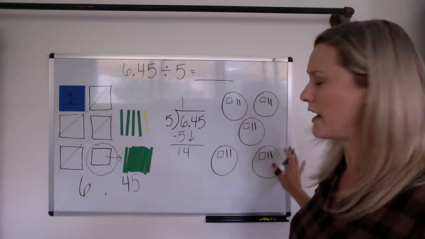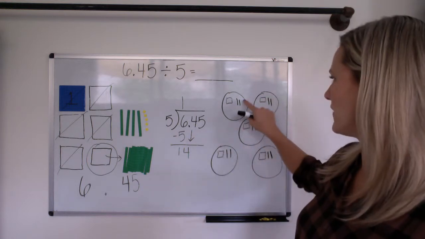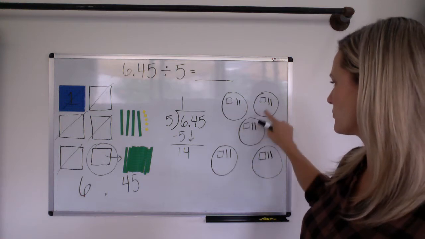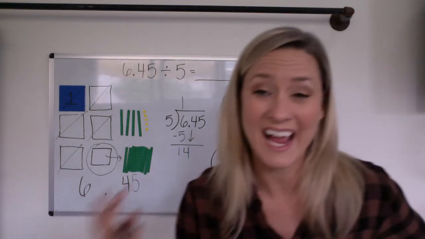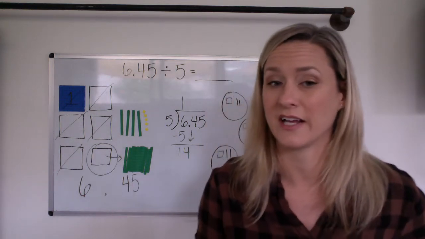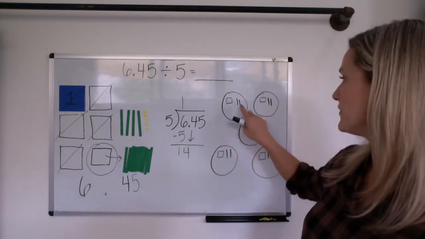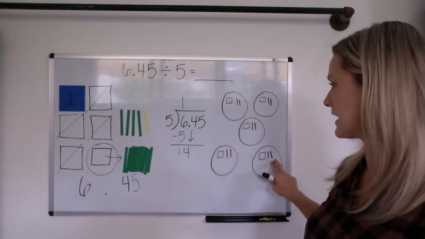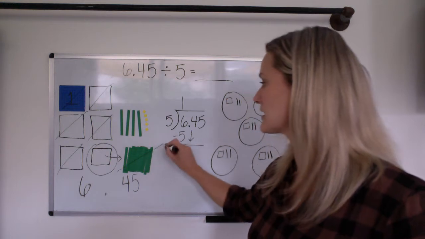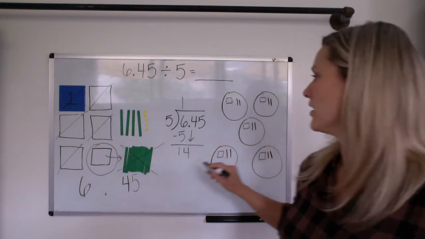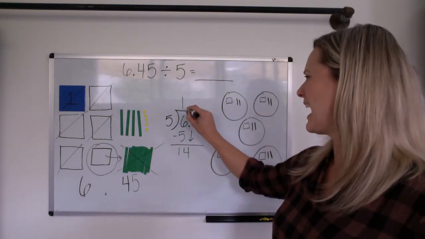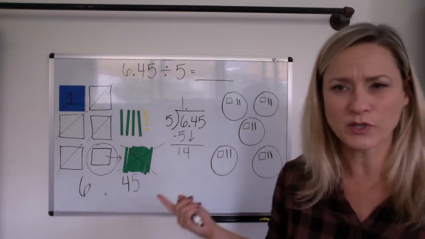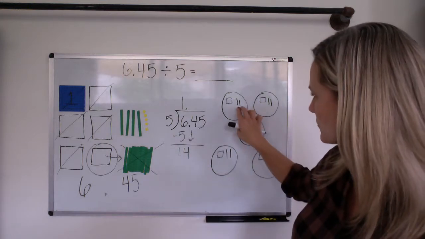Can I do another round? If I did, I'd have 10, 11, 12, 13, 14, 15, and I actually don't have 15 tenths. I only have 14 tenths. So we've used up 2, 4, 6, 8, 10. We've used up all of these guys right here. Okay, so how many went into each group?